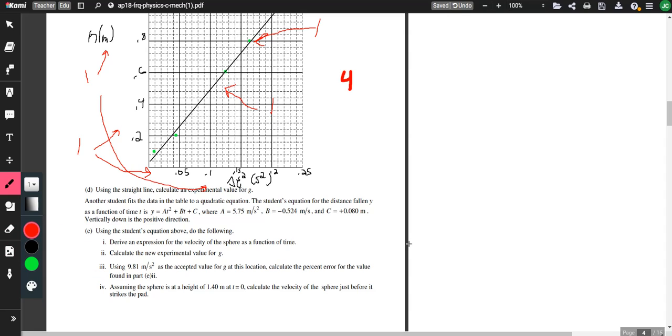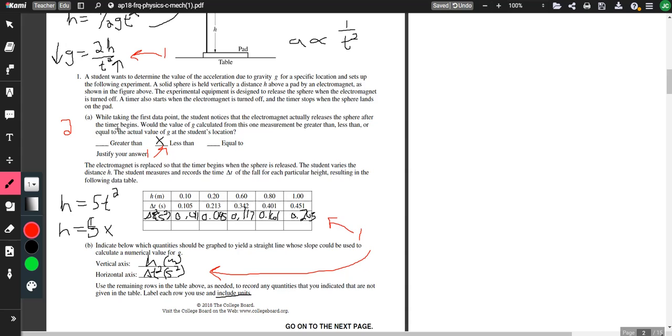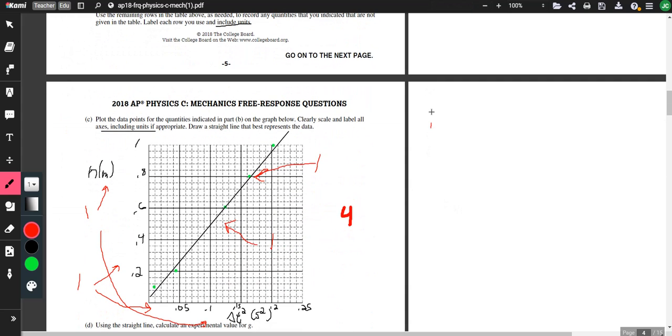All right, now for part D, it wants us to find the value for g. So what I can do is look at my equation from before. So my equation is h equals 1/2 g t squared. I know that the slope of a line is delta y over delta x.